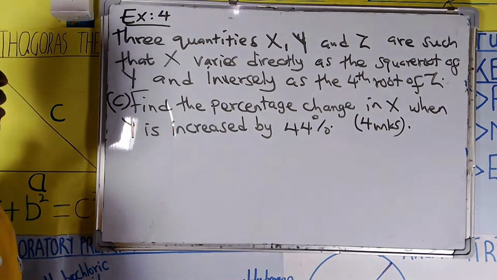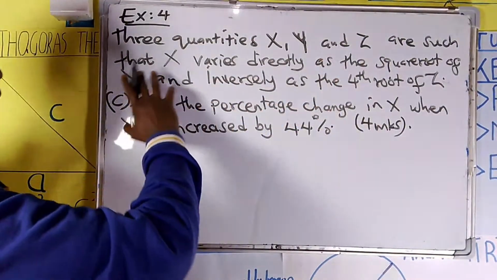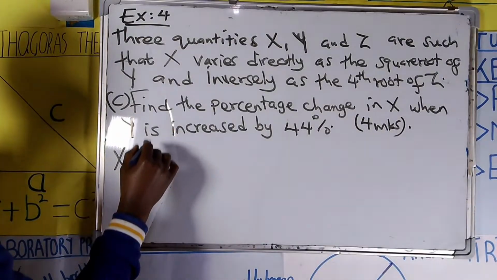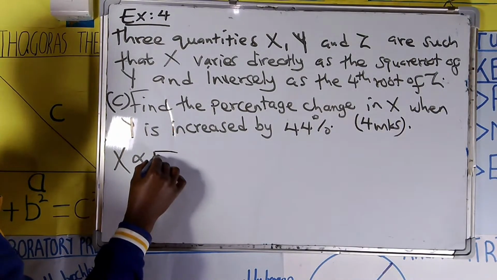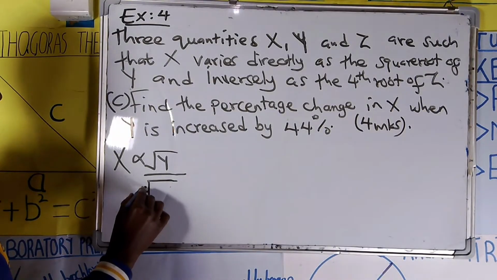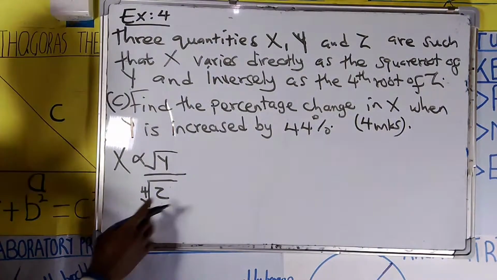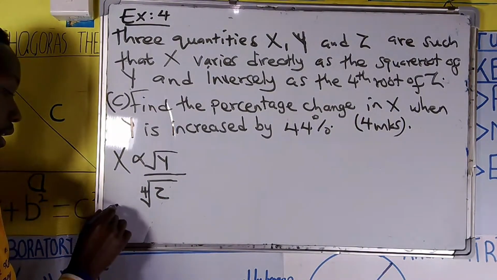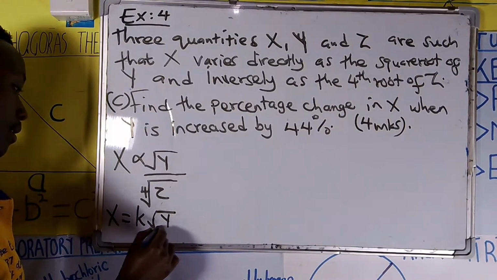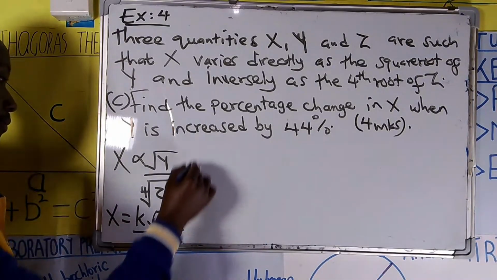So we will first write down the equation. x varies directly as the square root of y and inversely as the fourth root of z. If we introduce k here, it will be x equals k square root of y over fourth root of z.